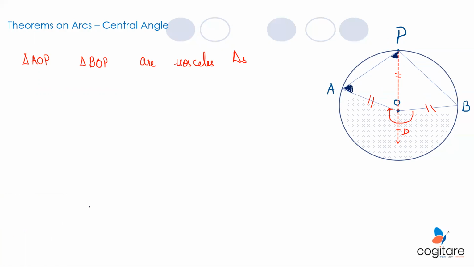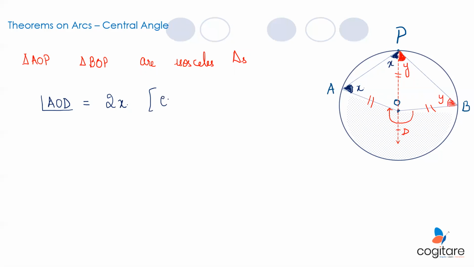And in the other triangle, angle OPB is equal to angle OBP. So if this were y, this is also y. If the other were x out here, this is also x. So what can you say about angle AOD? This is definitely 2x because, folks, it's the same thing.